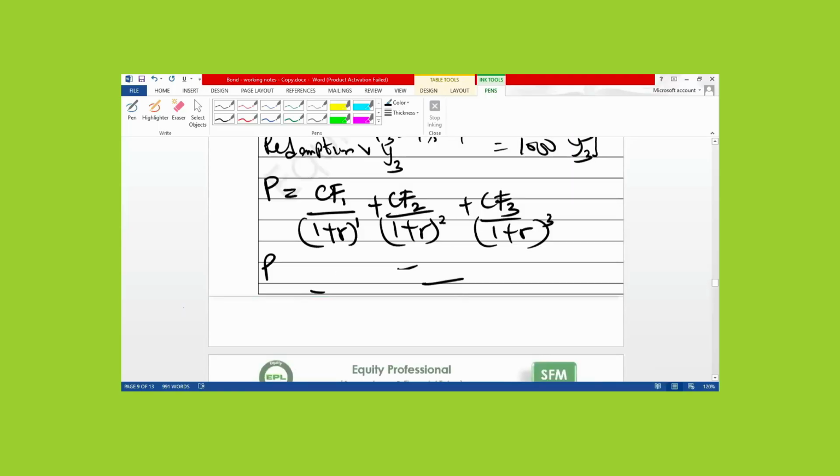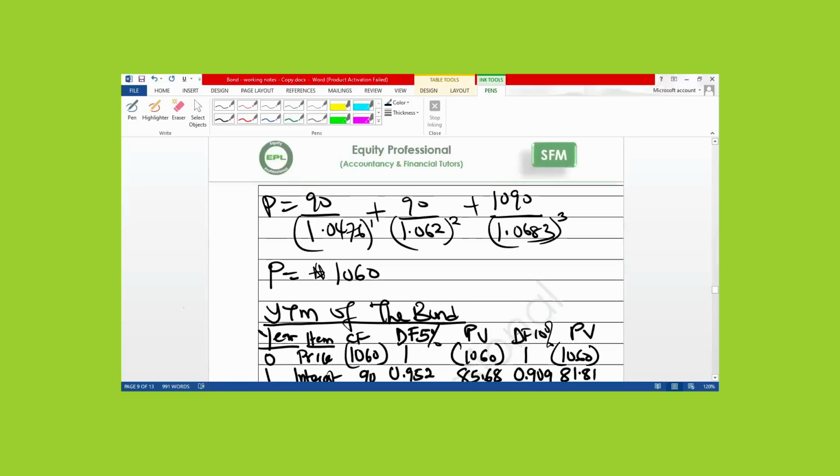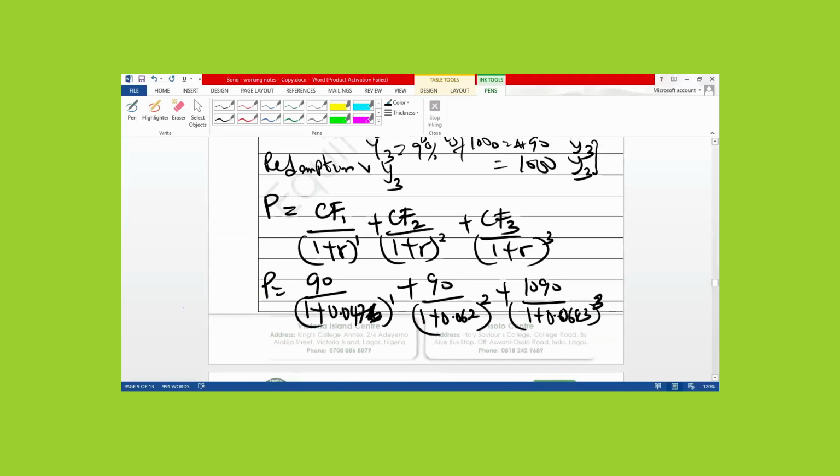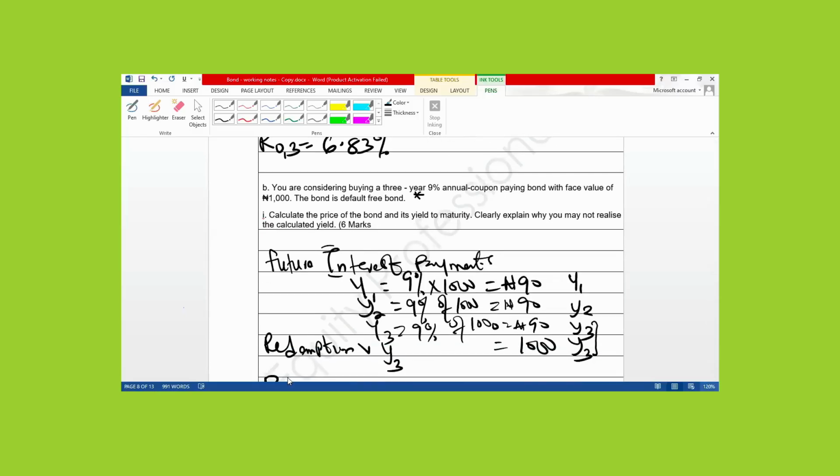Now look at it here. The bond is purchased at 1,060 naira.